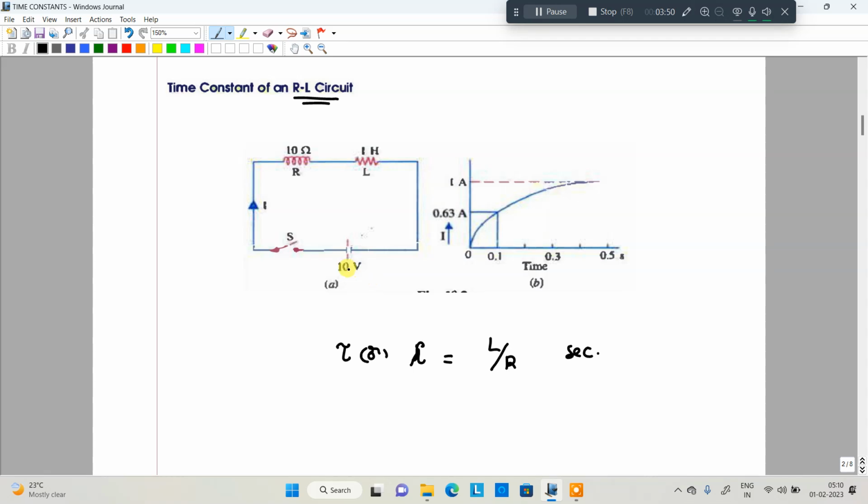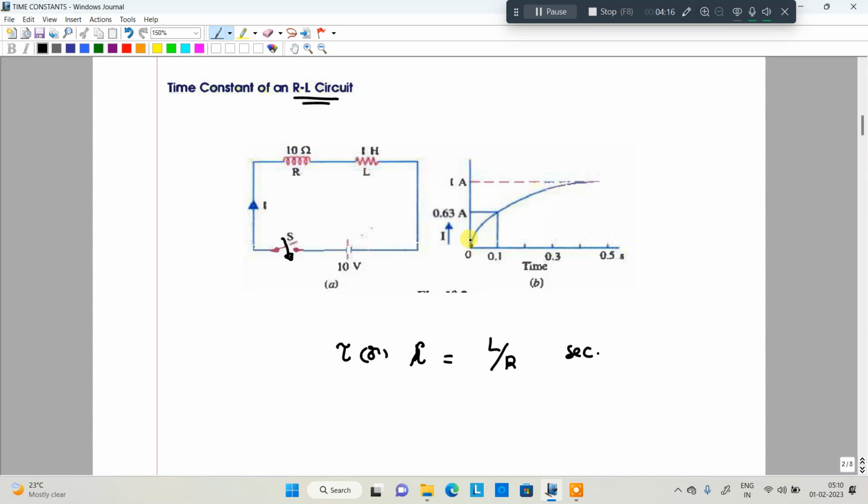First I will tell you, when I switch on the power supply, what will happen at that instant. Like in a resistor, we want the current to increase instantaneously, but here the current will increase from 0. Initially when we switch on the power supply, the current will be 0.